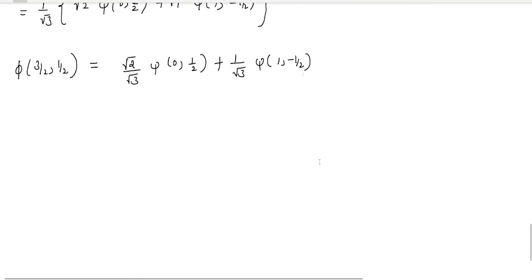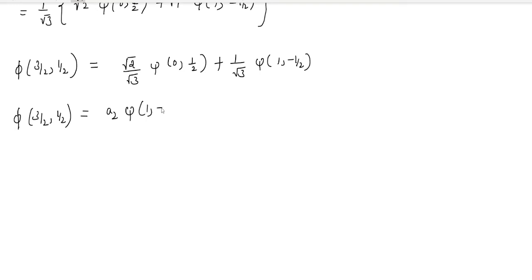So here I'm going to compare with the original equation, what we wrote as the starting state: 3 divided by 2, 1 divided by 2 is equal to, in A2, wave function psi 1 minus 1 divided by 2, plus A3 wave function psi 0 1 divided by 2.